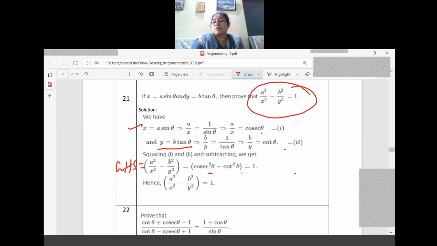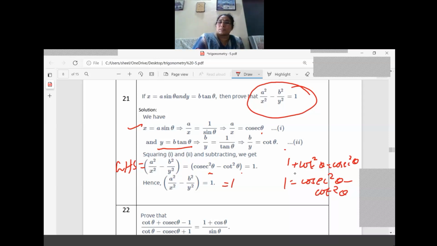So how did we learn the formula? 1 plus cot square theta equal to cosec square theta. So from this only you can write, keeping this on this side, cosec square theta minus cot square theta equal to 1. So we got RHS.